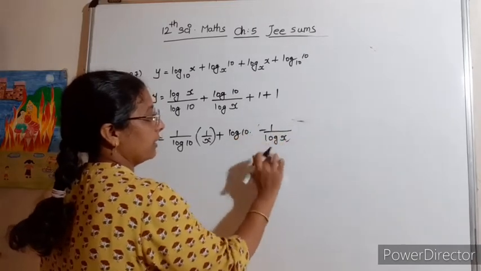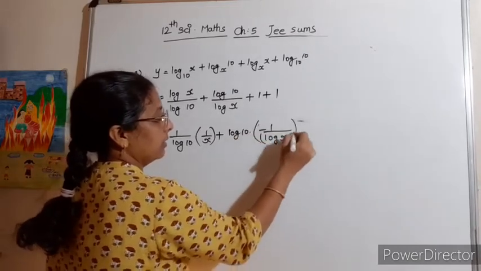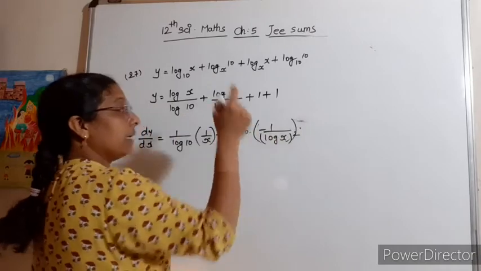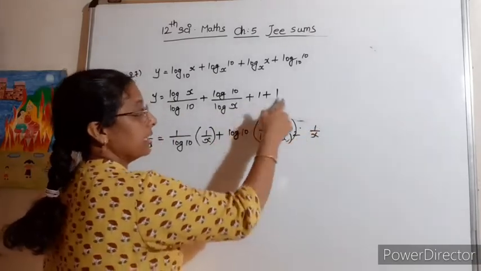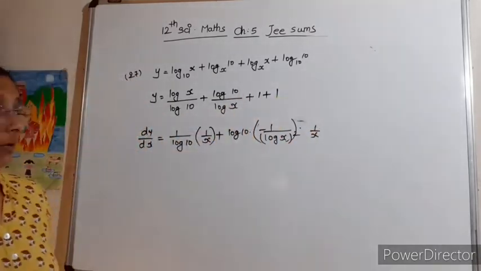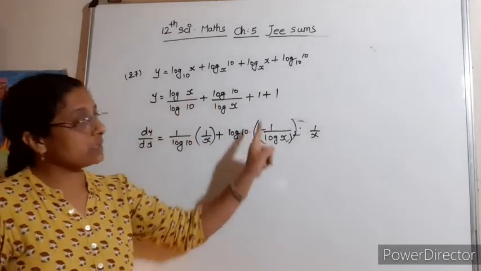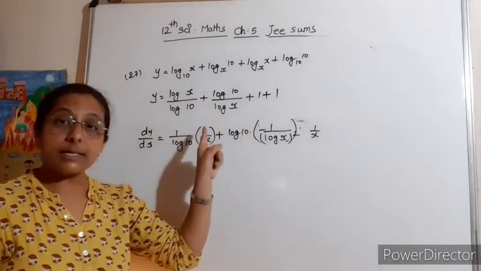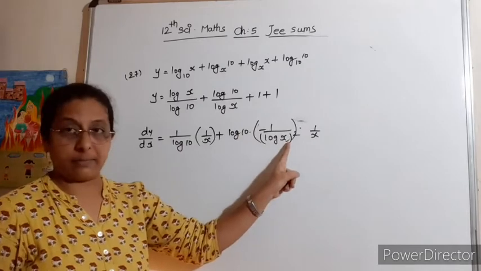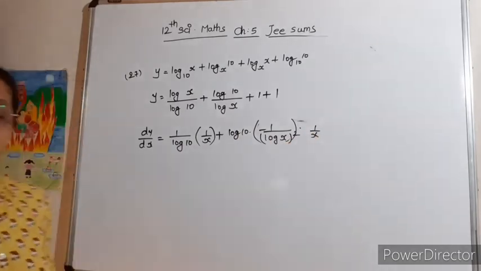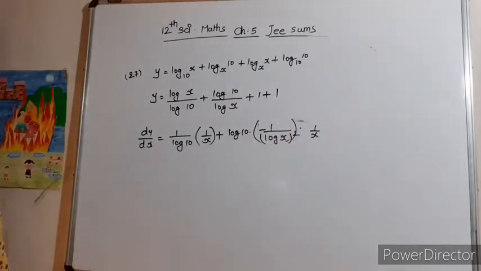We'll write square here into derivative of log x is 1 upon x. ये derivative तो 0 हो जाएगी. 1 upon x की derivative minus 1 upon x square. तो 1 upon log x की derivative minus 1 upon log x square. And ये हो गया into log x की derivative 1 upon x.